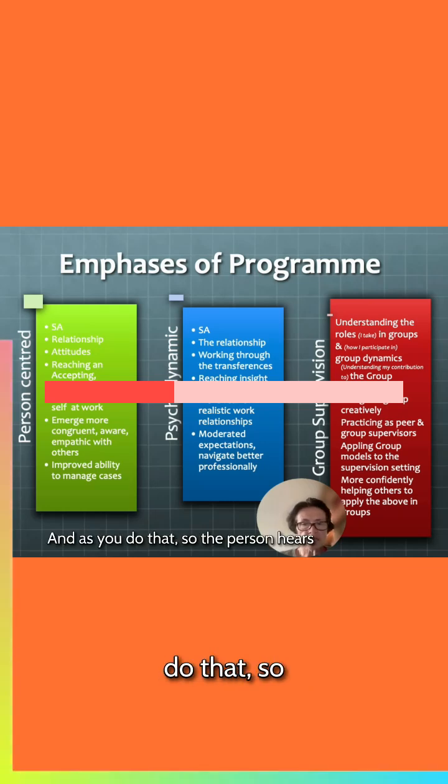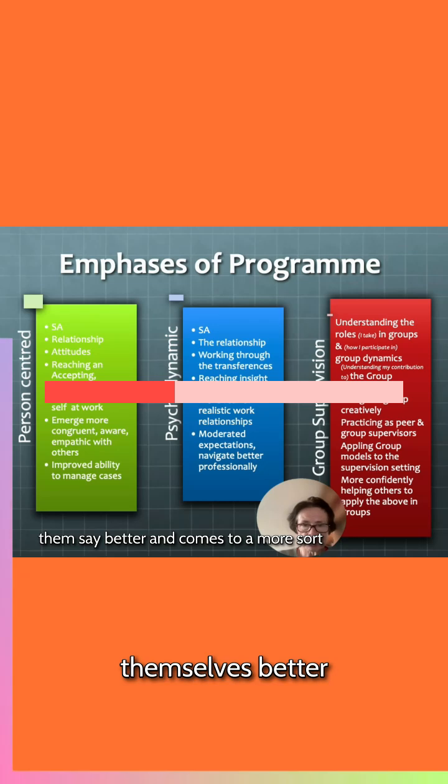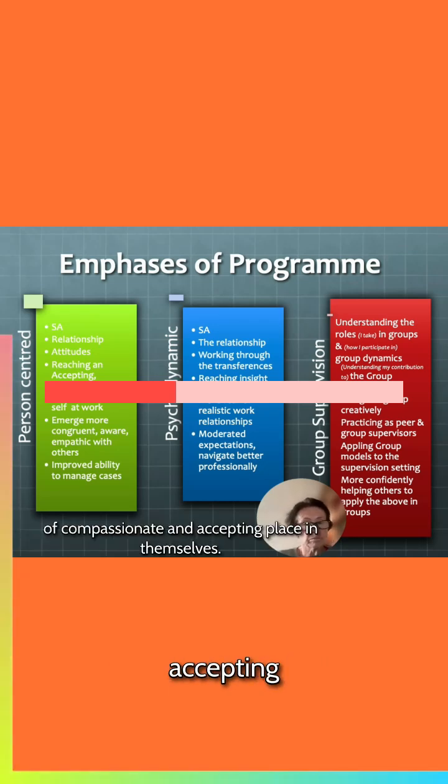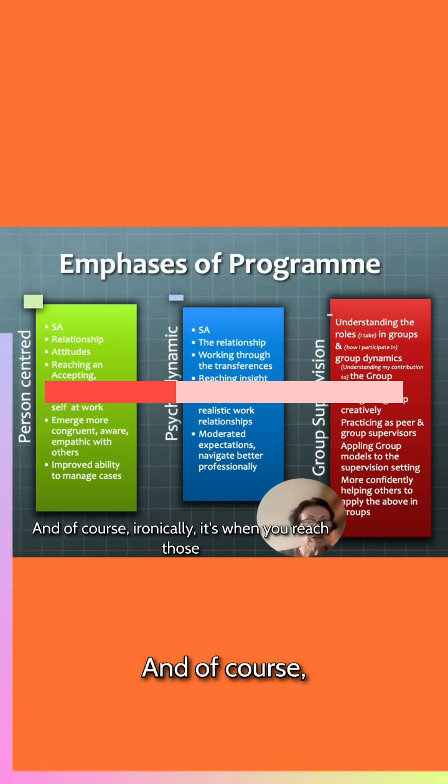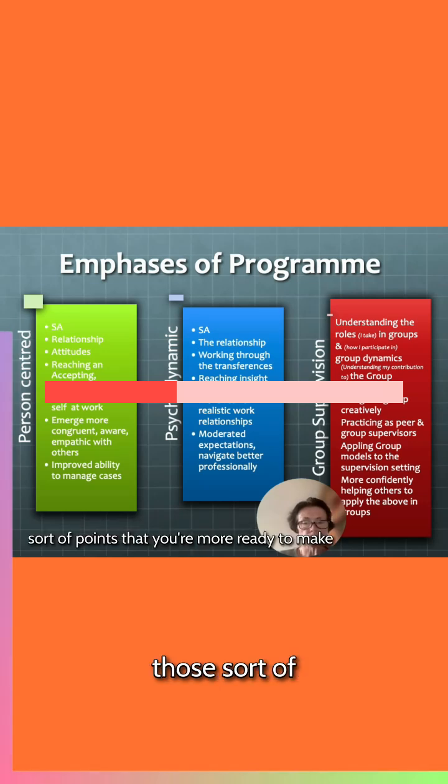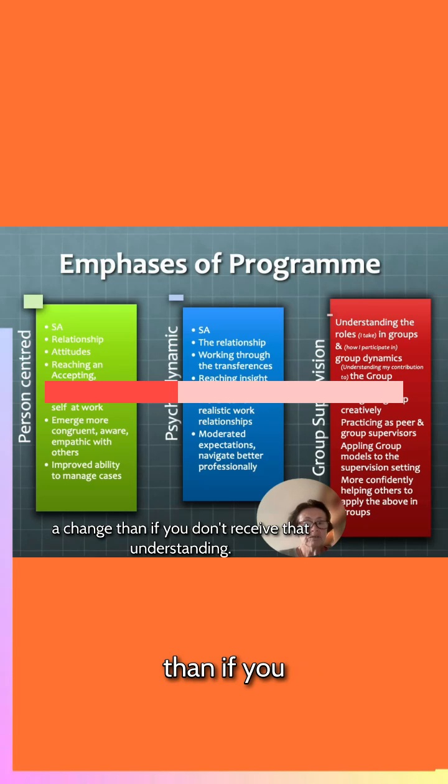And as you do that, so the person hears themselves better and comes to a more sort of compassionate and accepting place in themselves. And of course, ironically, when you reach those sort of points, you're more ready to make a change than if you don't receive that understanding.